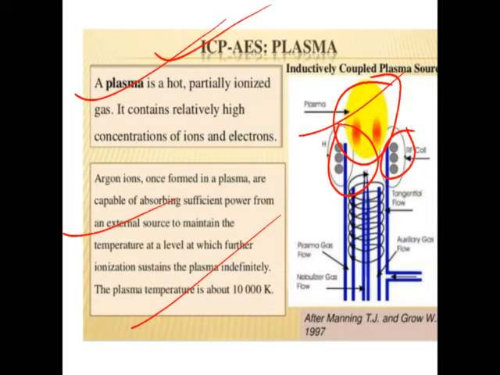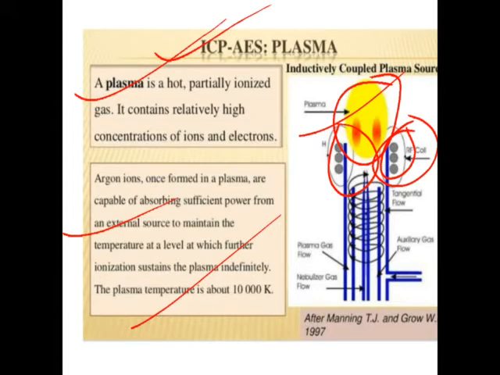So in the ICP, inductively coupled plasma, also called the transformer coupled plasma, the energy is created by electromagnetic induction. This electromagnetic induction is due to the radio frequency coil, which changes the radio frequency, and due to this change it generates the electromagnetic induction, which is responsible for producing the plasma. This plasma can be generated by directing the energy of radio frequency into a suitable gas called ICP argon.